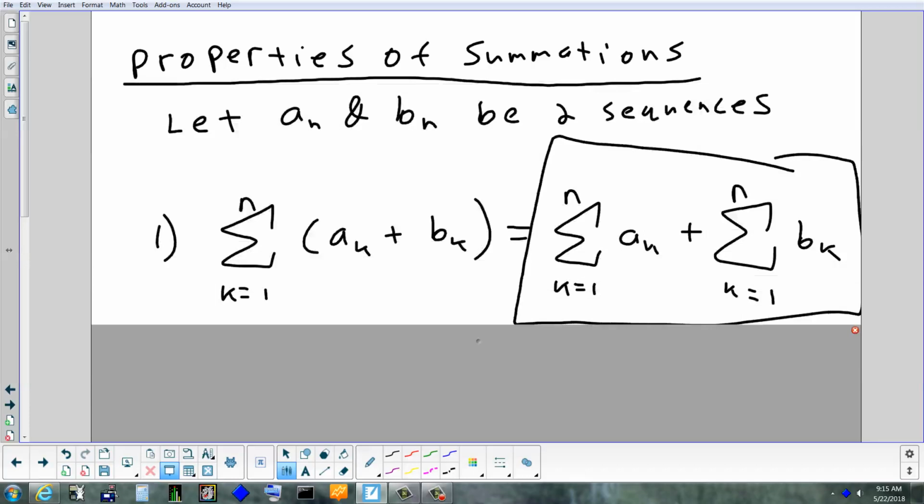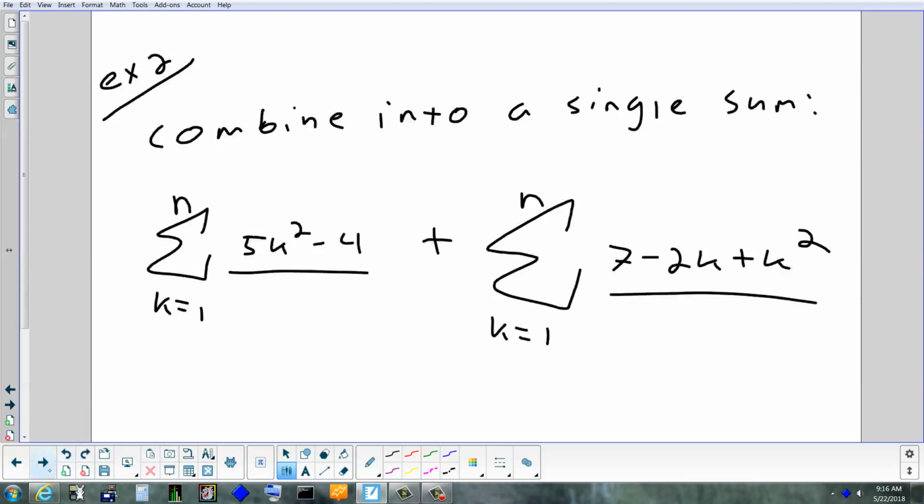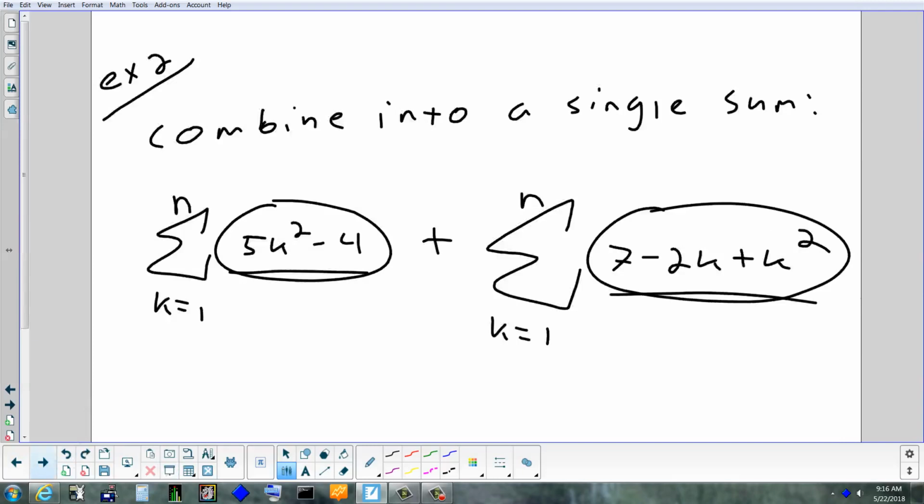When you combine them into a single sum, keep the starting point and the stopping point the same, and just take whatever you have here and whatever you have here and add them up. Add the 2 sequences, I'm calling them A and B, by combining like terms. So you could think of that as sequence A, that's sequence B, add them up.